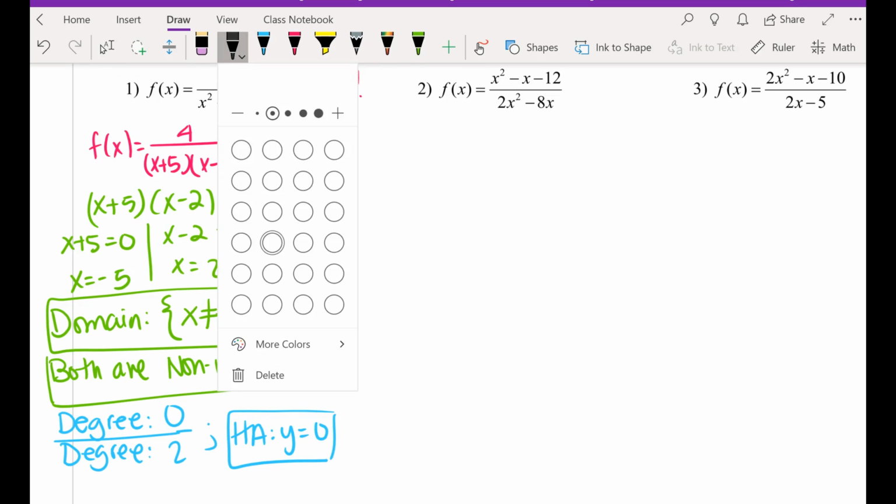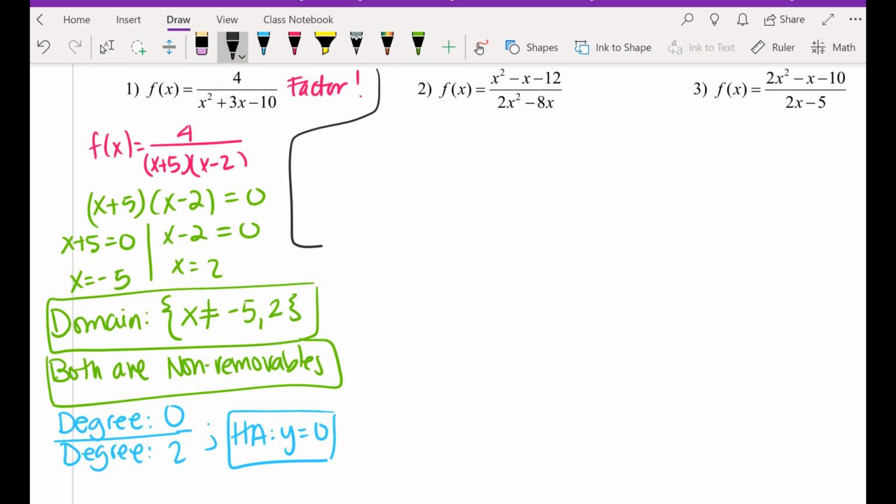Now, Brandon said, when will we have a removable? So here's another example. Before we do anything, what do we do before we even start writing out? Factor. All right, factor it out, you and your team.